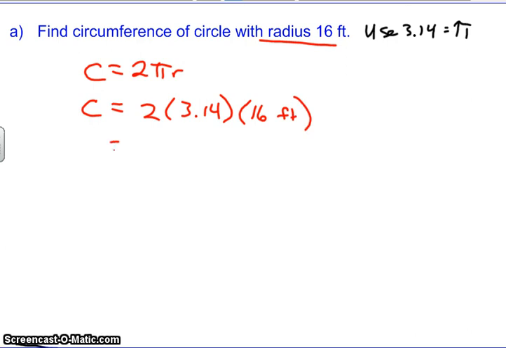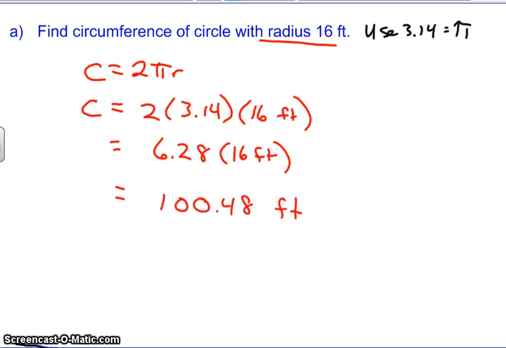Okay, and 2 times 3.14 times 16 feet. And so we might have to go multiply that somewhere. What do you have for your answer, Wesley? And don't forget your units, feet.